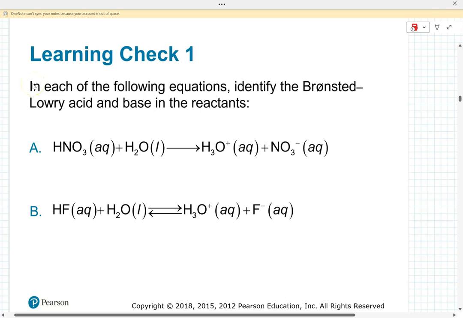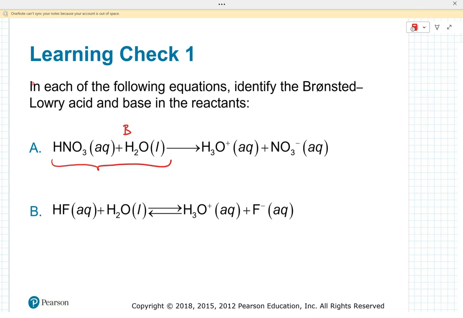So which one of these two is a Bronsted-Lowry acid and which one is the Bronsted-Lowry base? This one accepts the proton, and this is the acid.